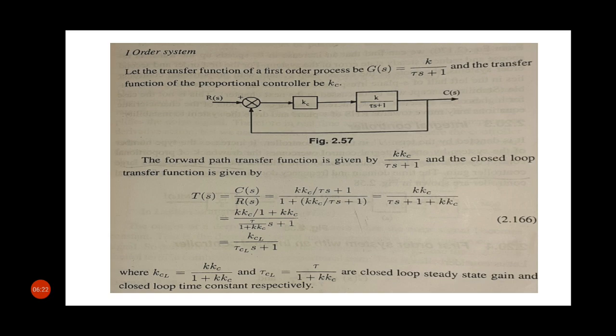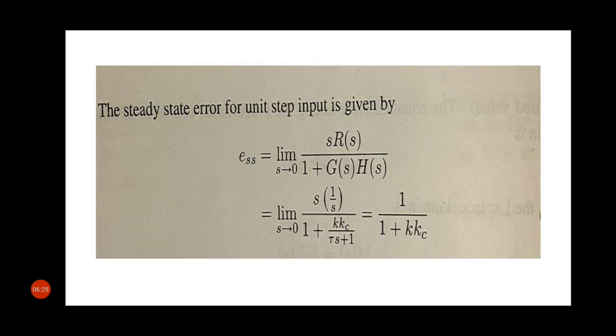So from this equation, we can note that an increase in Kc decreases tau cl and speeds up the closed loop response. Now, if we calculate the steady state error for a unit step input, then our steady state error ess equals 1 by 1 plus K Kc.